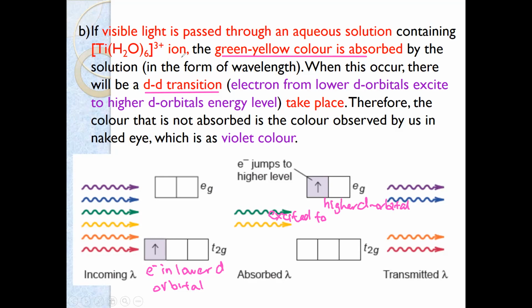The ones that I have underlined so far in the slide are the important keywords that you need to explain how the transition metals are colorful. Therefore, the color that is not absorbed is the color that is observed by us with our naked eyes, which is violet color.